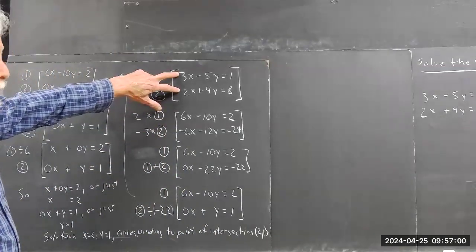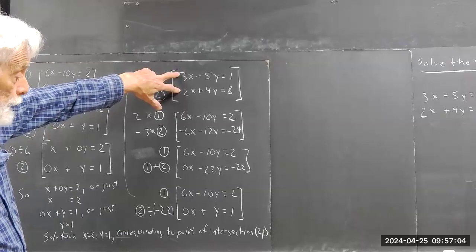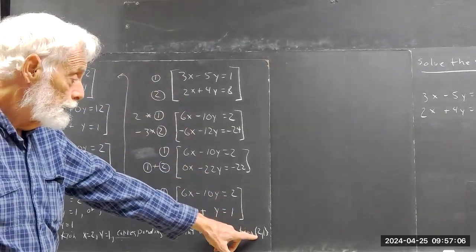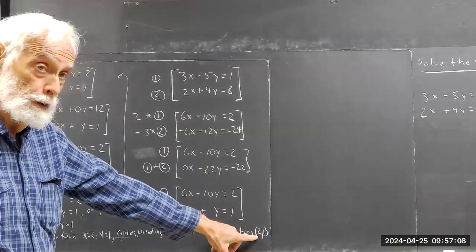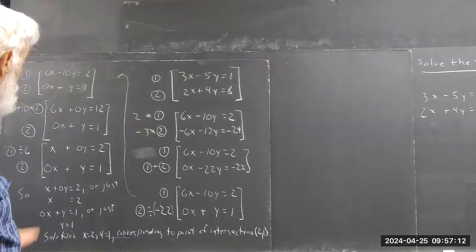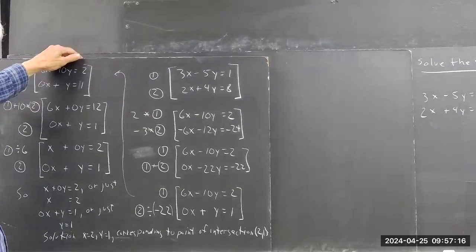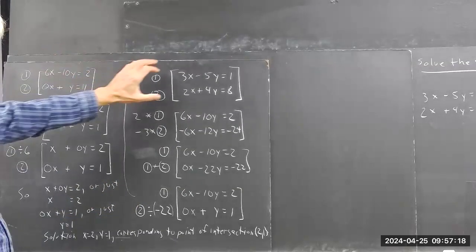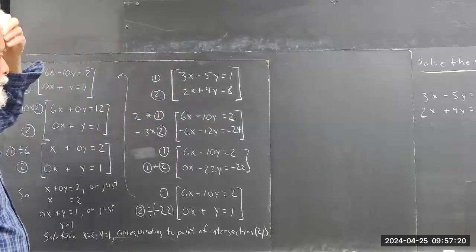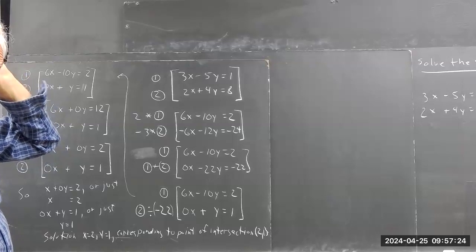We could graph these two equations and estimate the point of intersection. If we graph it exactly, we're going to end up with two lines crossing at the point 2, 1. So that's pretty much what we need to understand about this system. Now, there's a slightly shorter way of solving this system.